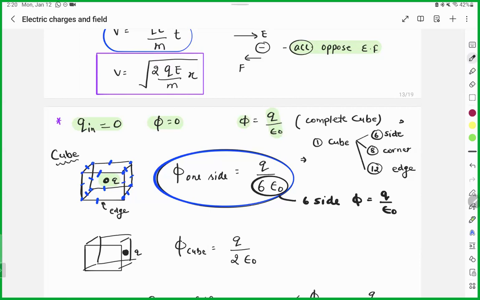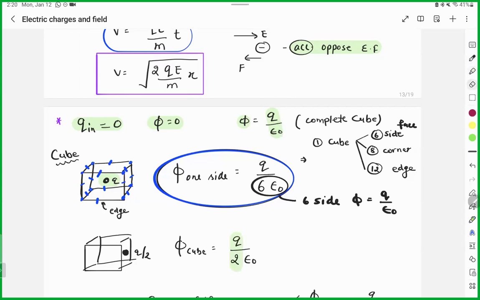Now this is placed at one face or side. Side or face, same thing. So, what will happen? Half of the charge will be present in this cube, and there will be one more adjacent cube that will face the electric flux. So, actually, in one cube there is q by two charge.